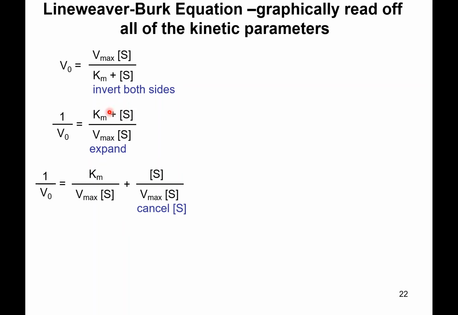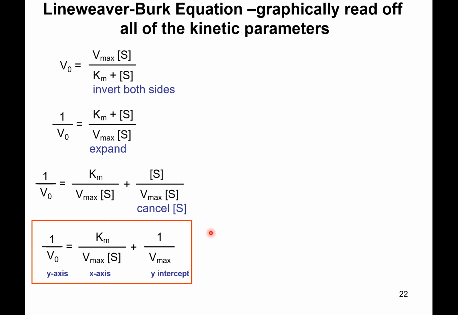Okay, then if you expand this, so Km plus substrate concentration, Km over Vmax times substrate plus substrate divided by Vmax times substrate, equals 1 over V naught. You can cancel the substrate concentrations here and get 1 over Vmax. And this is the Lineweaver-Burk equation.